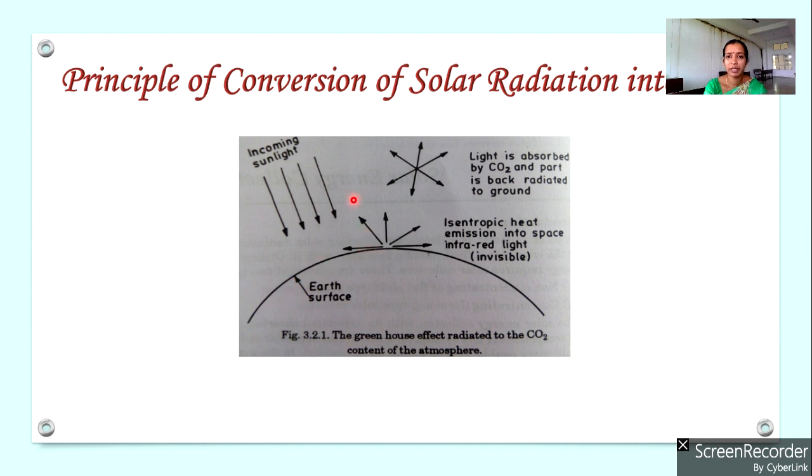Some will be reflected, some will be absorbed by the Earth's surface, and the Earth then emits infrared radiation, which will be absorbed by CO2 and other greenhouse gases in the atmosphere, and they re-emit a part of the radiation back to the Earth, thus maintaining a required temperature on the Earth.